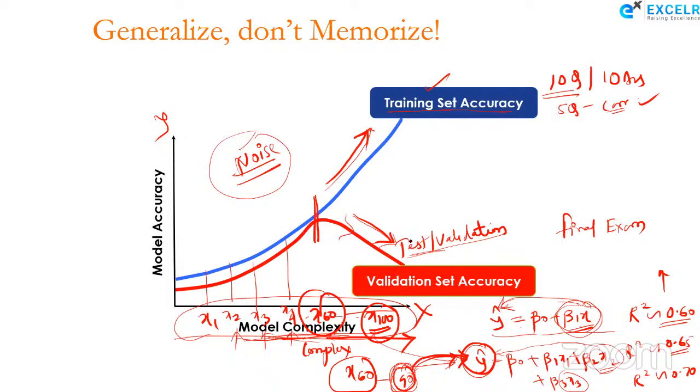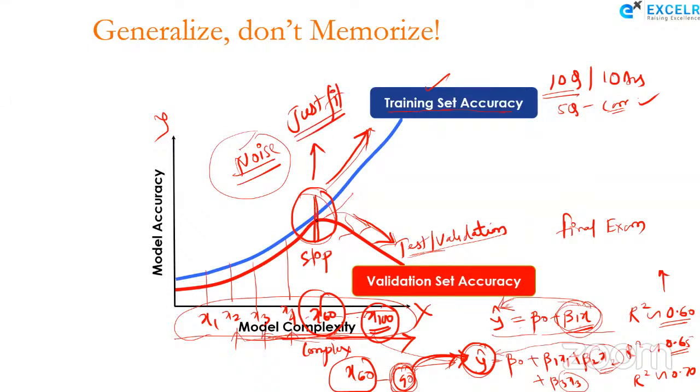So where should I stop adding complexity to my model? You should stop where your test accuracy starts falling. If you keep on adding more and more variables, and instead of the test accuracy increasing, it starts decreasing, this is the point where you need to stop, and this is where you have found your just fit model or your generalized model.